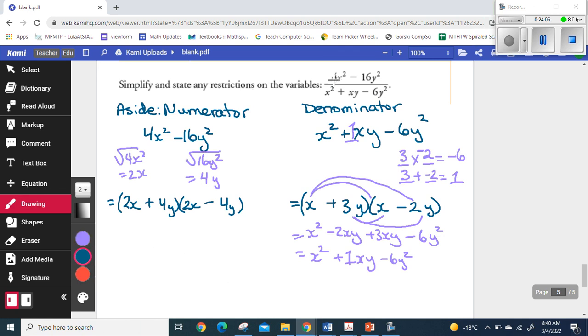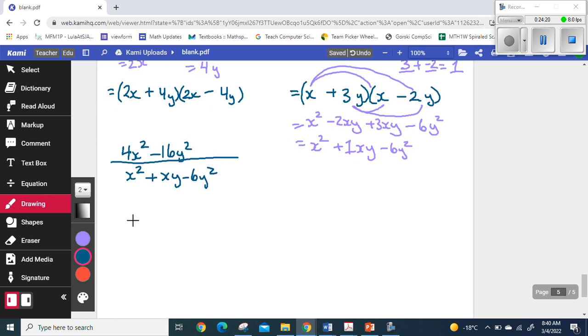Simplify and state any restrictions on the variables. So the question was 4x squared minus 16y squared, all divided by x squared plus xy minus 6y squared. So then let's put in our factored forms.